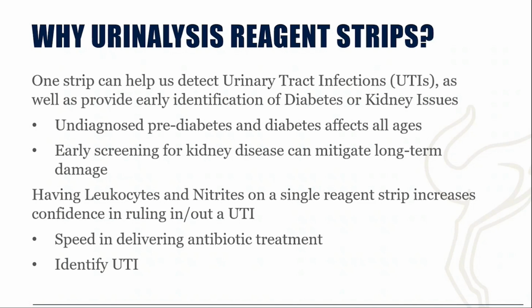Anecdotally, I can tell you that just this summer, we picked up 2 cases of undiagnosed diabetes on urine dipstick, and were able to get those patients established and managed in a primary care system. For UTIs, having leukocytes and nitrites on the same strip also increases our confidence in ruling UTI in or out.